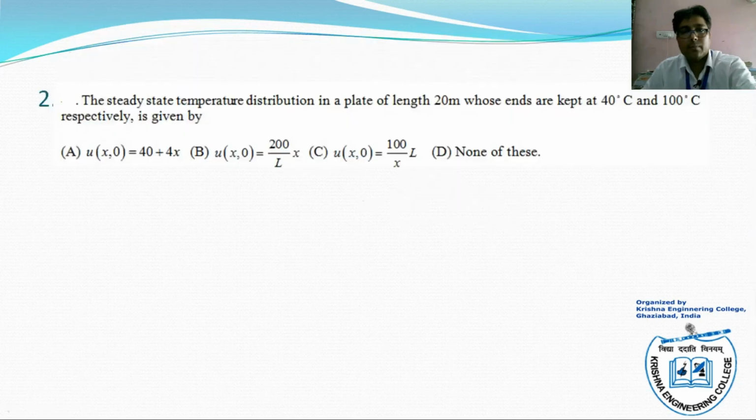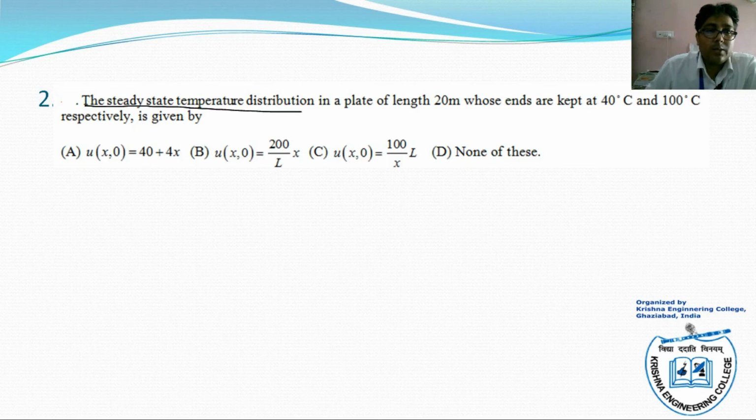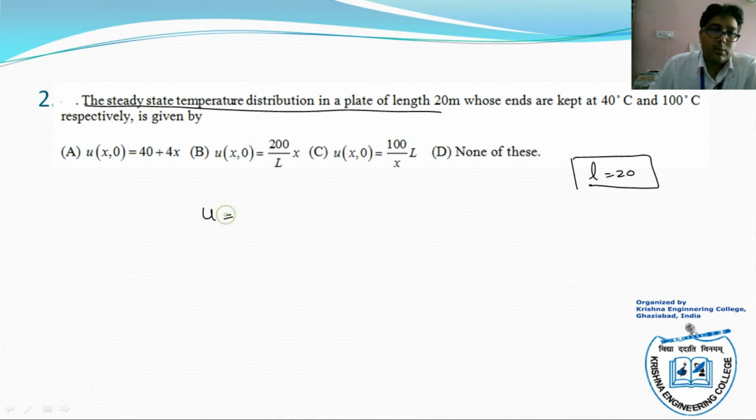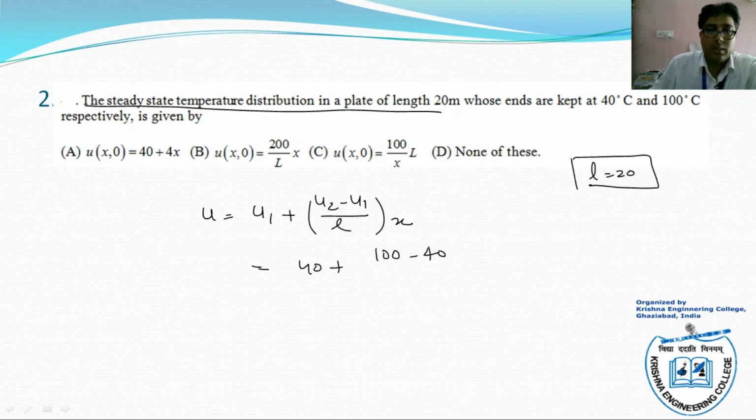Okay. Again, this is a problem under the steady state condition. Here L is equal to 20. So find the temperature. Temperature U is U1 plus (U2 minus U1) upon L into X. Clear? U1 is 40 plus (U2 is 100 minus 40) upon L is 20 into X. Clear? 40 plus this is 60 upon 20 x.